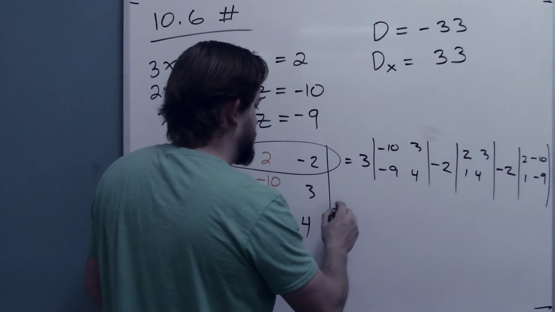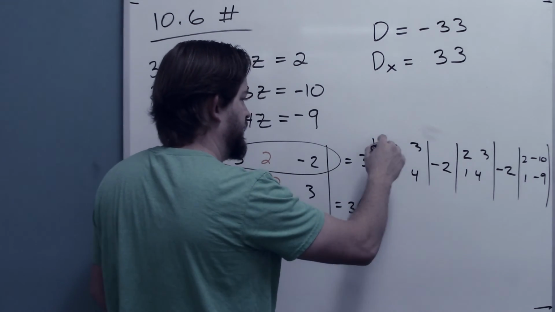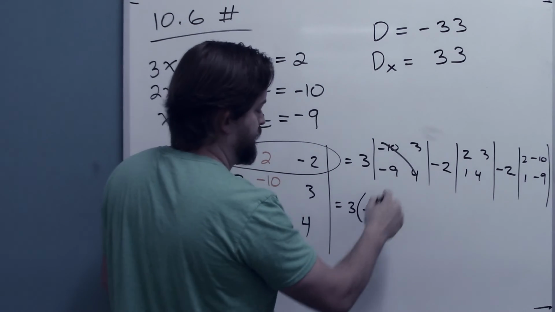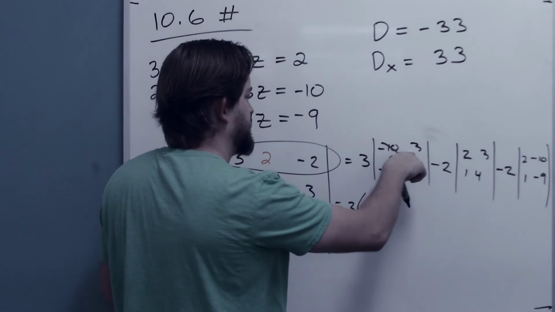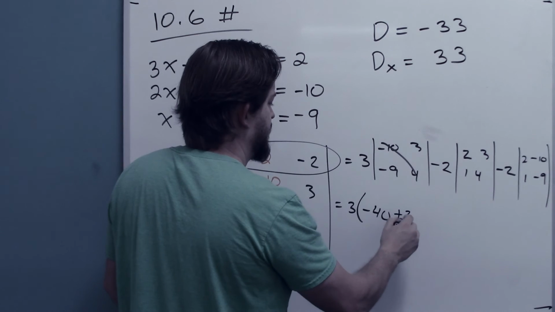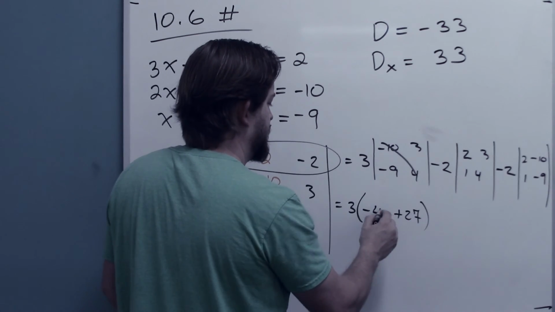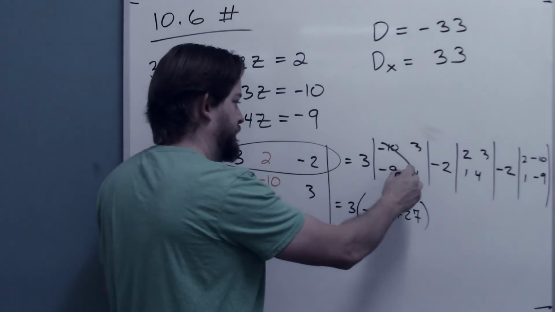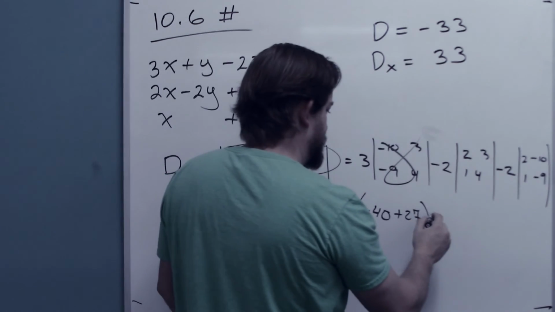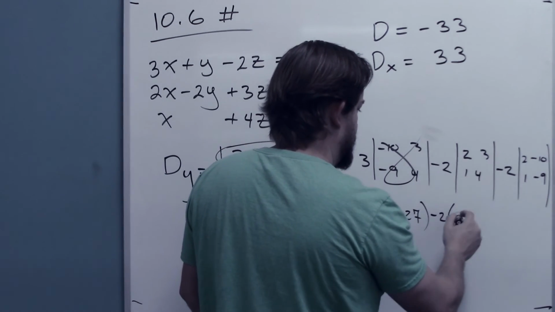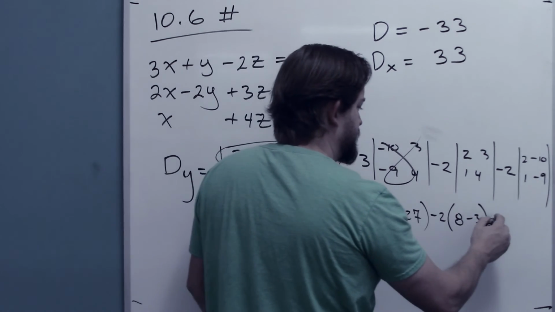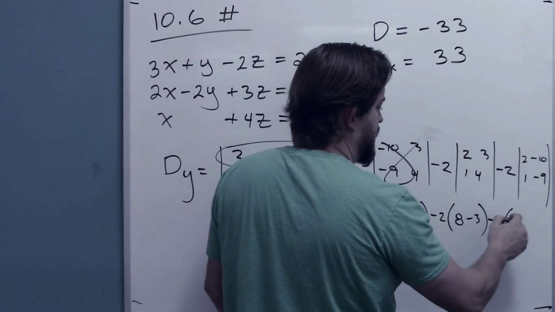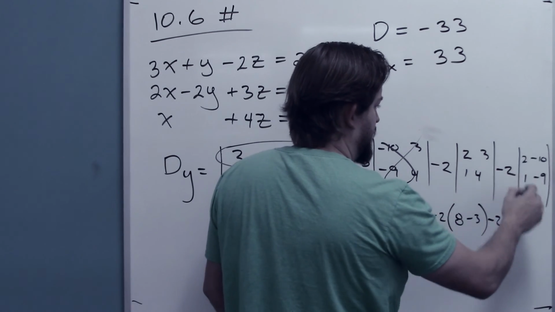So then this becomes 3 multiplied by negative 10, negative 40, minus, but then it's minus 9 times 3 is negative 27, so minus minus is plus 27. Okay. Minus 2 multiplied by 8, minus 3, and then minus 2 multiplied by negative 18 plus 10.